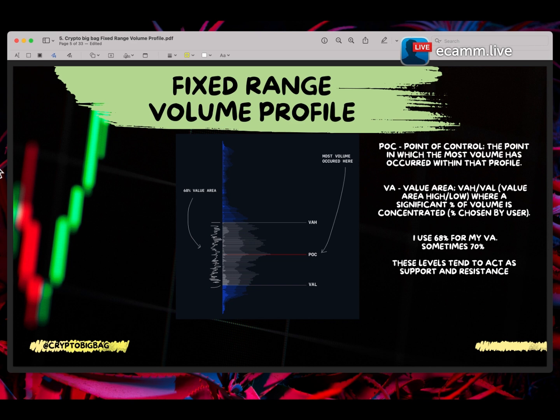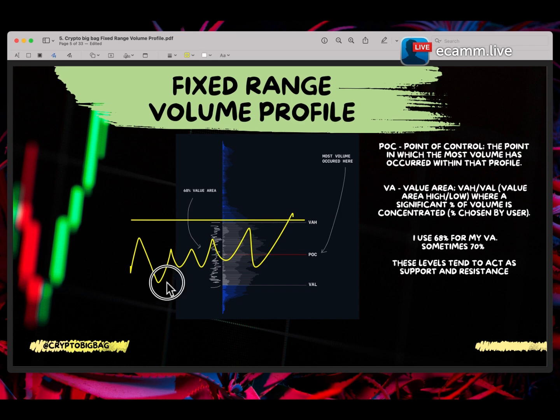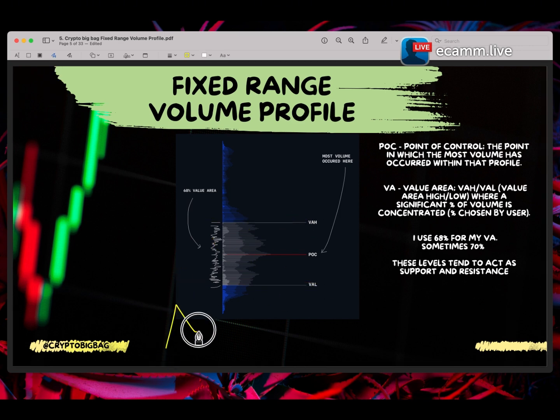Let's say you're starting from this point and you're trying to calculate the volume of this range, or you're trying to calculate the volume of an uptrend from a low to the high. You want to know the volume of which transacted area, right?